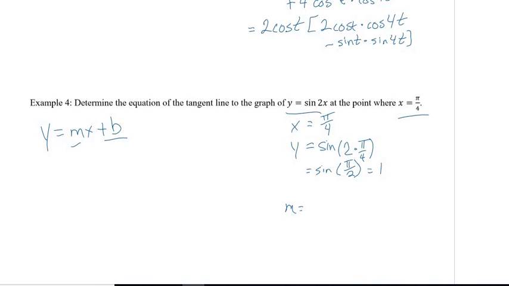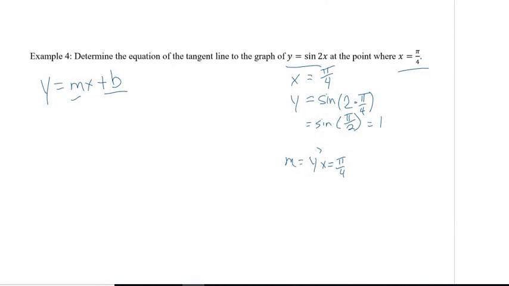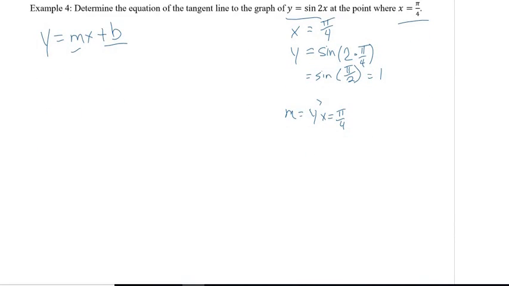Now for the slope, we're just going to take y prime at x equals pi over 4. So to do that, let's find the derivative really quickly. So y prime is going to be equal to, in this case, we're using chain rule, and that's going to be sine of u, where u equals 2x.